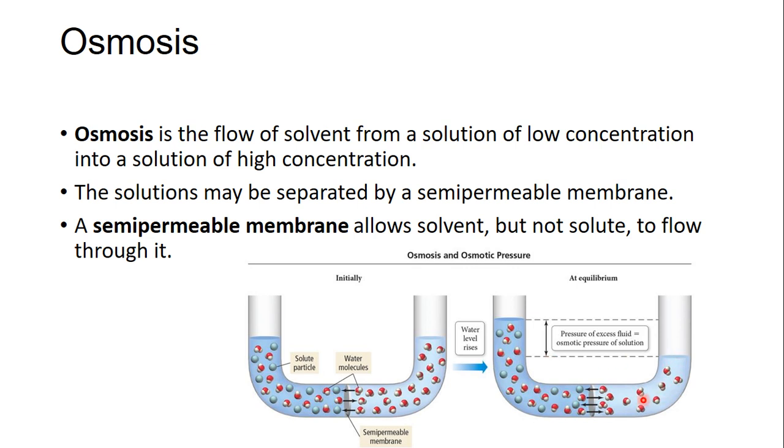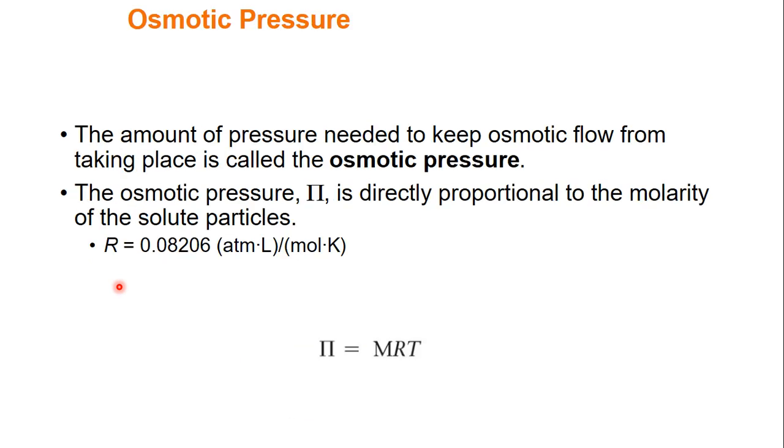Eventually, they're going to stop flowing, and gravity is pushing down on each side. This difference in height is what we call the osmotic pressure. We can calculate this through this equation.